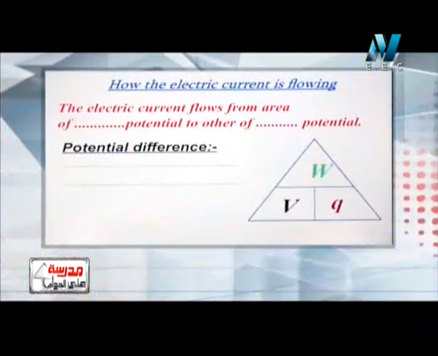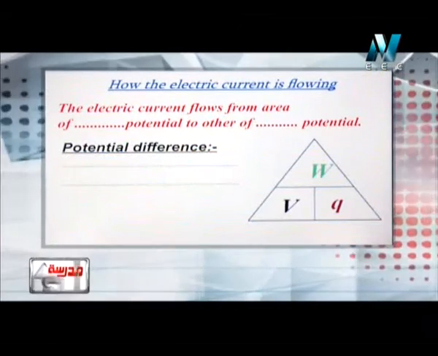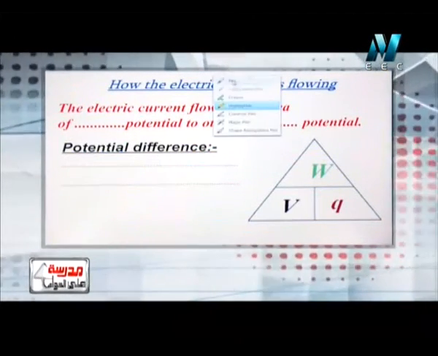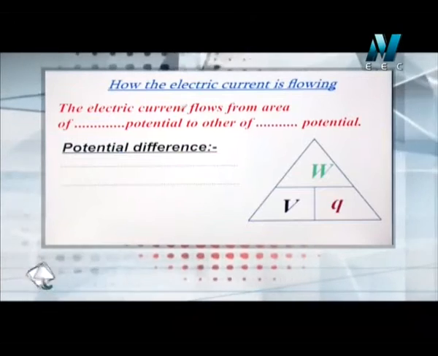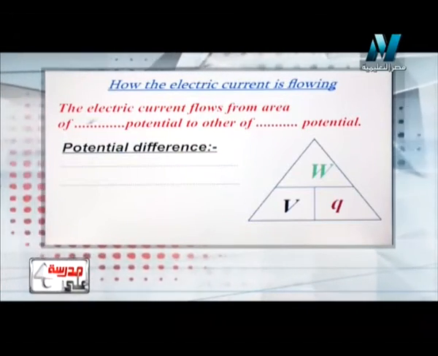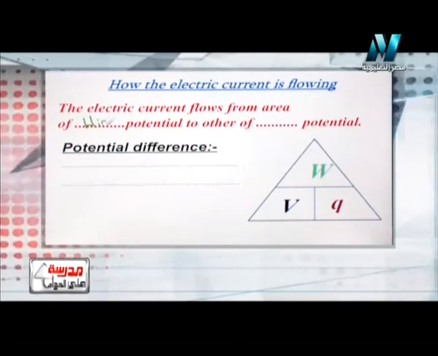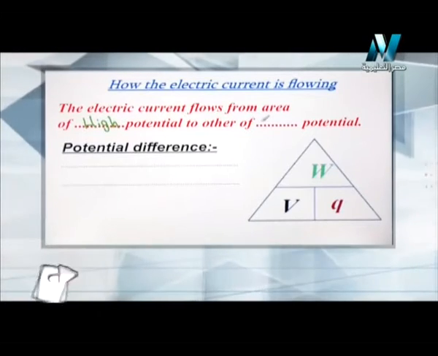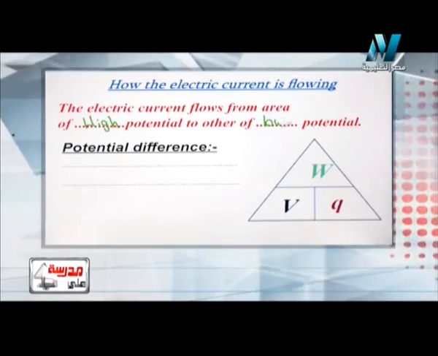Here we see how the electric current flows. The electric current will move or flow from an area of high potential to an area of low potential.